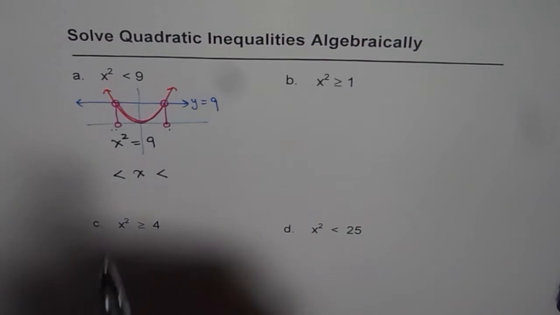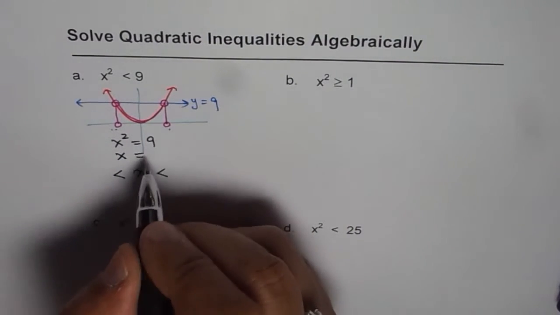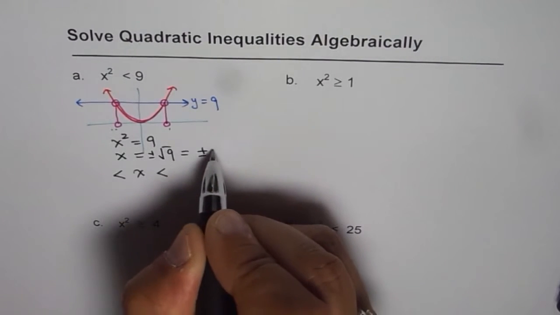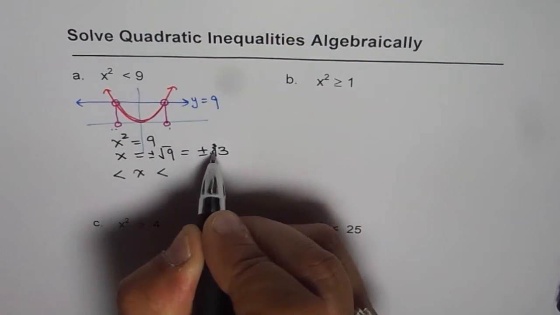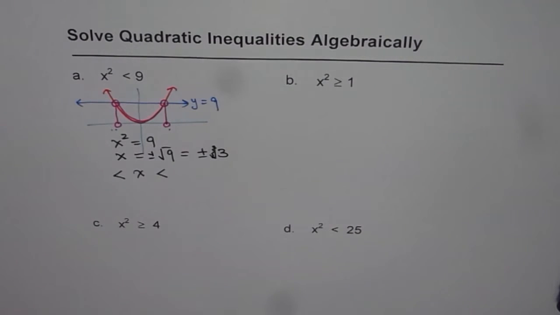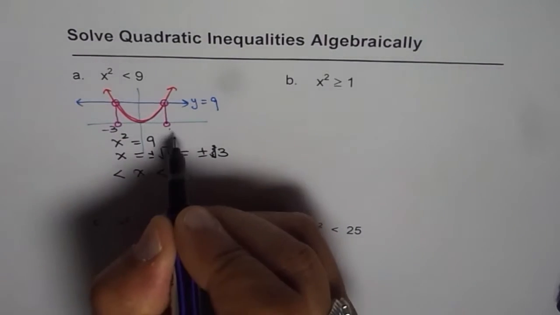Now x squared equals 9 means x equals, let's take the square root, plus or minus square root of 9, which is plus or minus 3, correct? So that means these points are minus 3 and plus 3.